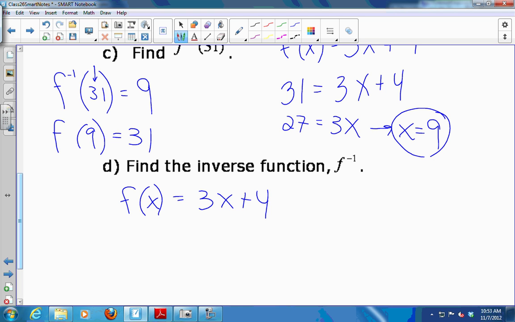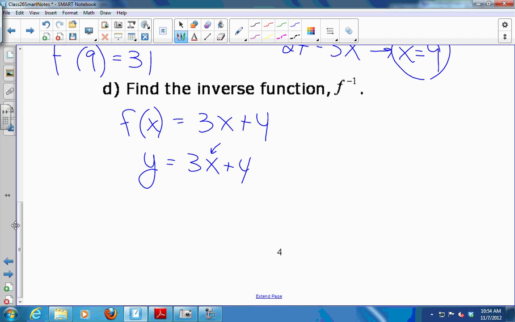Like here I put in a 31, so I replaced the f of x, the output, with that 31. So basically if I put some number y here for f of x, then I have to solve for the input that would give me that y. In the last example, that y was a 31, and then I solved for x. So in general, I'm just going to leave it as a y and solve for x. So I'm going to subtract 4 from both sides.